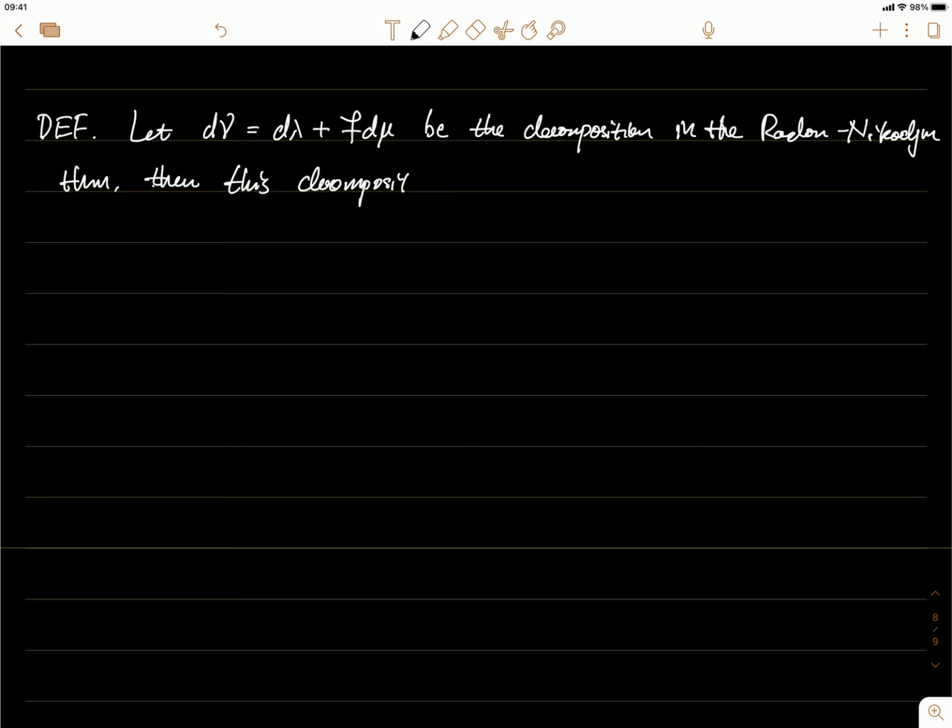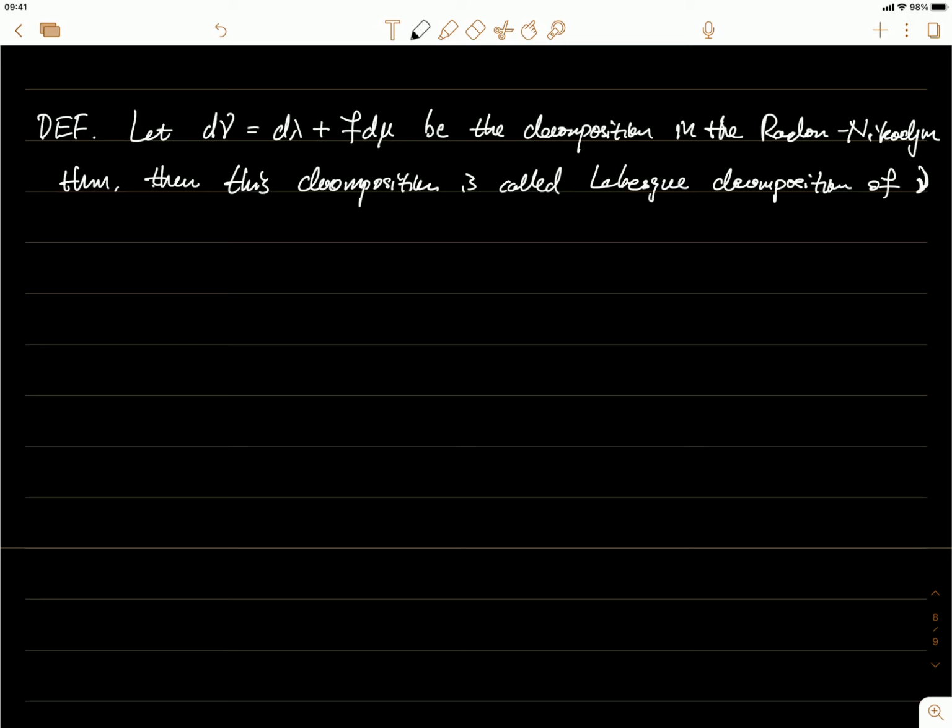This decomposition is called the Lebesgue decomposition of nu with respect to mu.